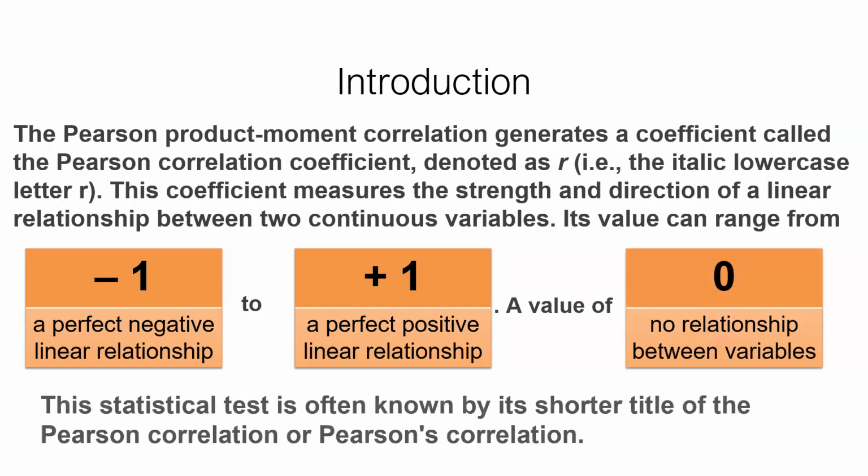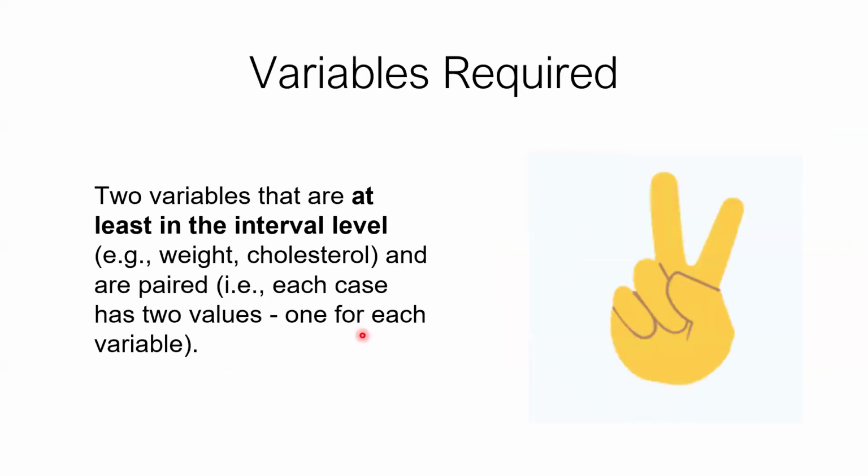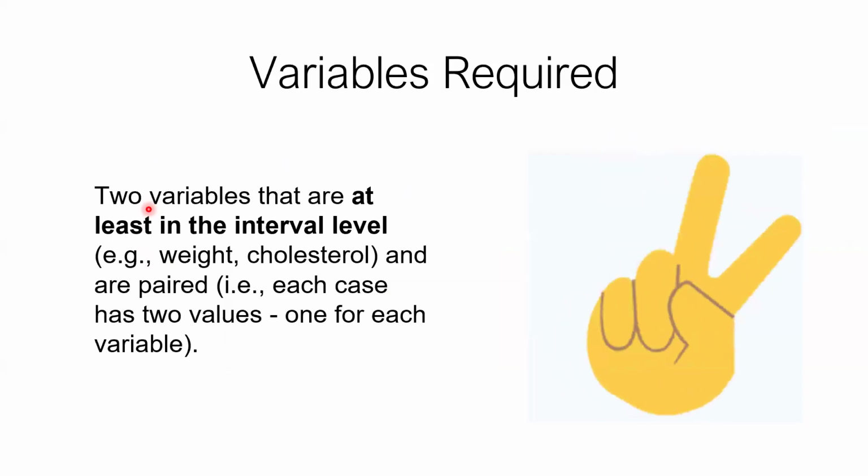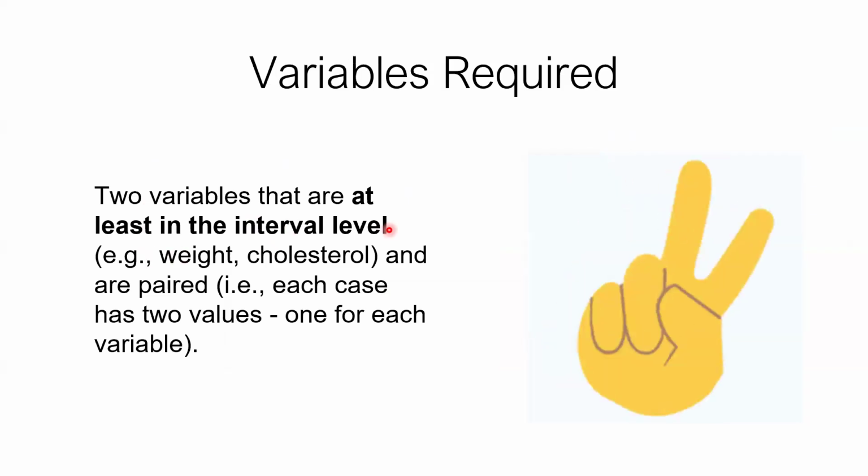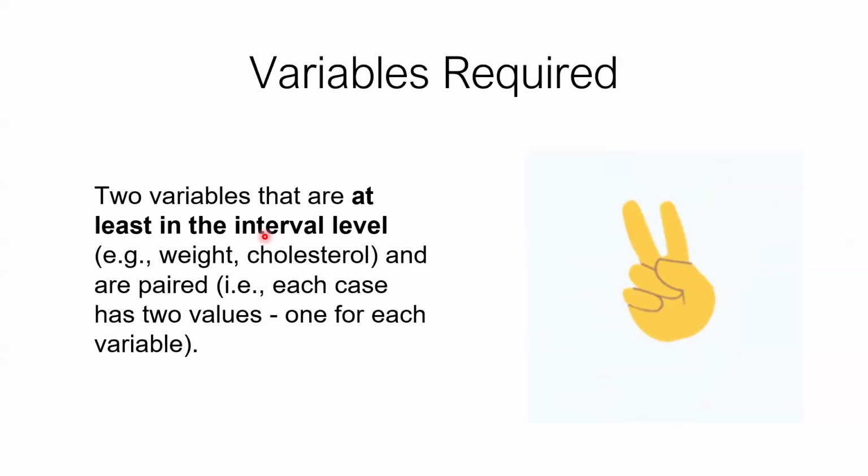Now, this statistical test is often known by its shorter title, which we will refer to in the rest of our discussion as the Pearson correlation or Pearson's correlation. Now, the variables required is that there are two variables that are at least in the interval level. So it could be in the interval level or it could be in the ratio level.